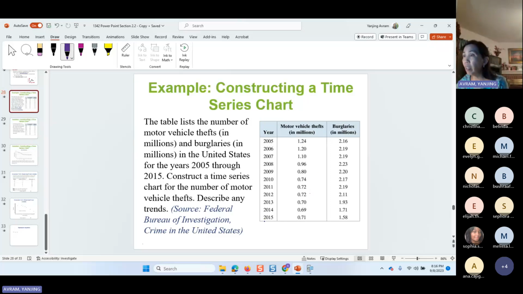By 2015, with the technology increase, the vehicle theft is also decreasing. So this should be a decreasing relationship, and we're going to do the scatter plot to graph them. My emphasis in this class is: how do I input this data into the calculator and do the graphing?